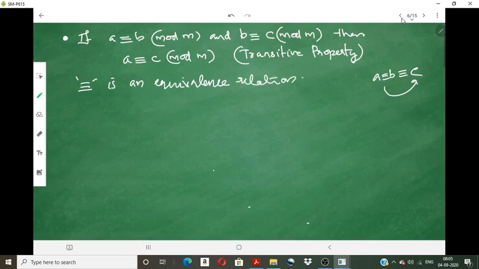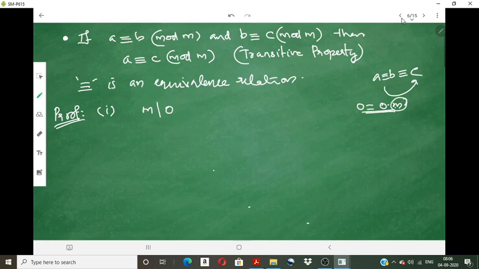So here we have to prove the congruence relation is an equivalence relation. First of all, we need to prove that A is congruent to A modulo M. That is the reflexive property. We know that for any modulo M, M divides 0, since 0 can be written as 0 times any integer, 0 times M is also possible.